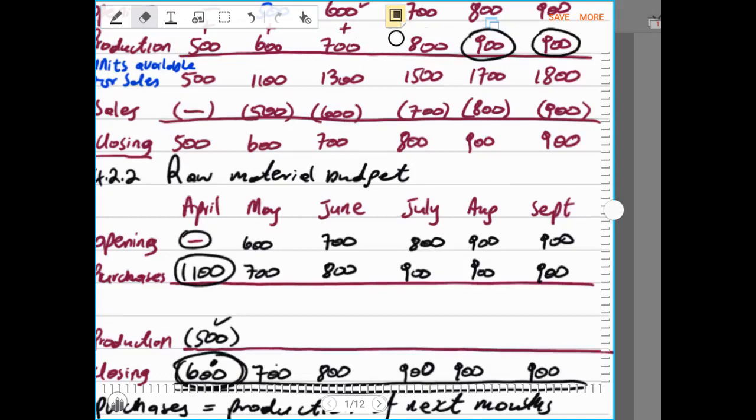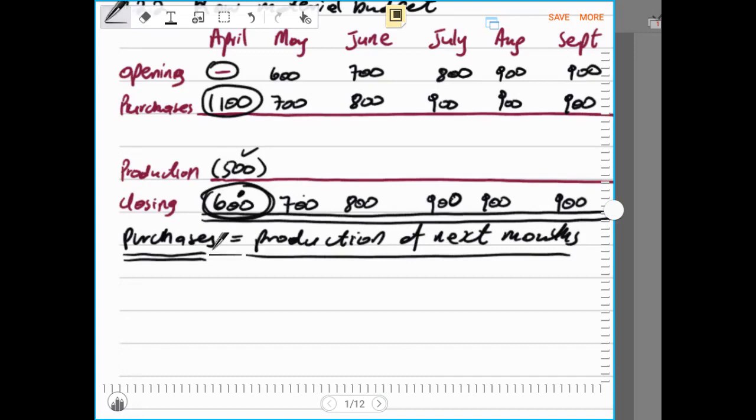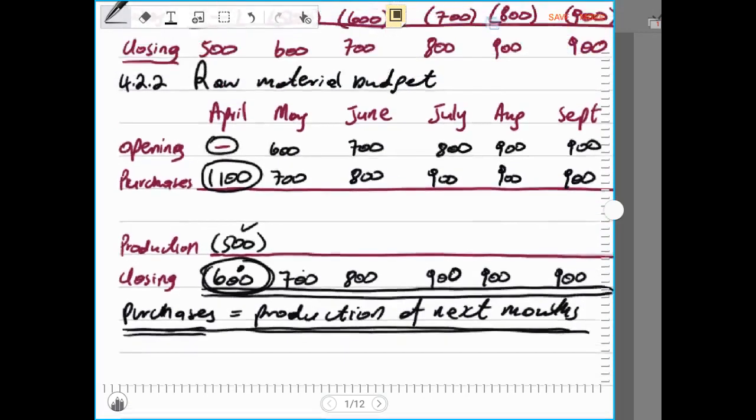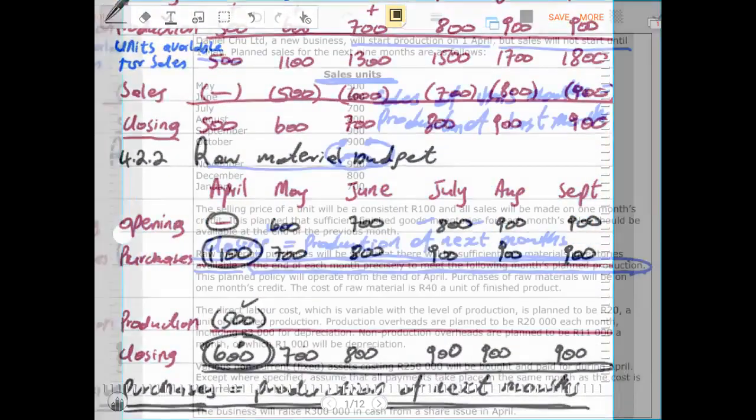Why in this exercise have I decided to do what I'm doing, where I'm saying that purchases is equal to production of the next month? It's because there was a statement that said that.